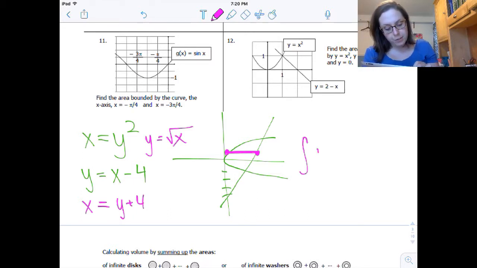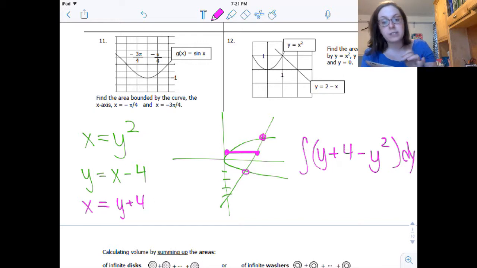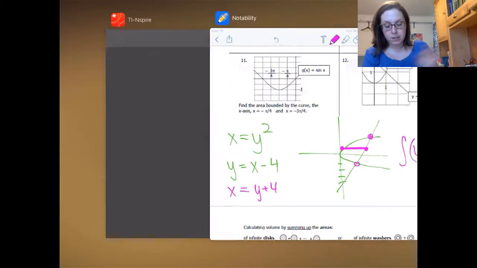So from y plus 4 to square root x, x equals y squared is already in terms of y: y squared, and dy, because I'm doing this in terms of y. And then what I need there are my y values. So I would plug this into my graphing calculator and look at those y values.